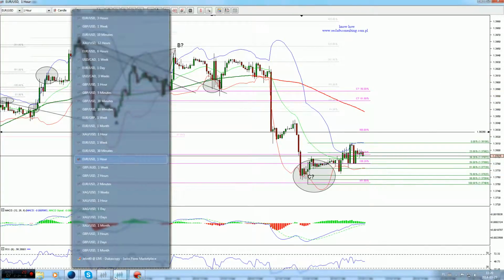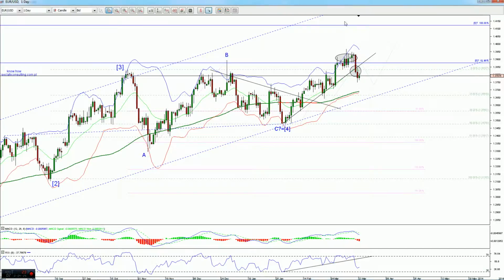This would confirm that the market is making new highs and is moving to the upside in order to complete this structure on this daily chart, in order to reach this Fibo 100, because this was Fibo 61.80. This is actually too little for a fifth impulse to the upside, for the final fifth to the upside.